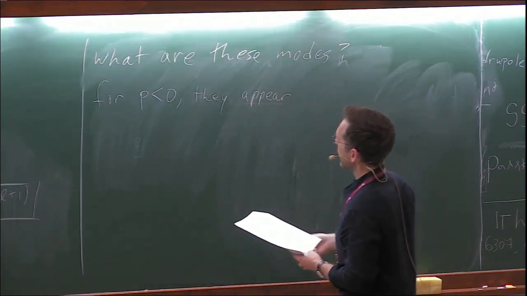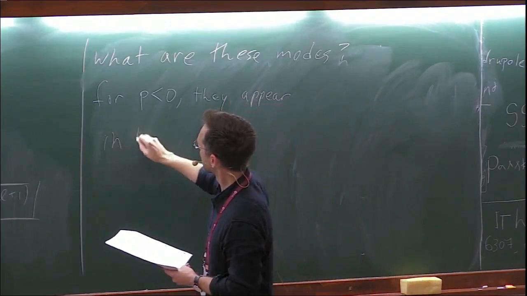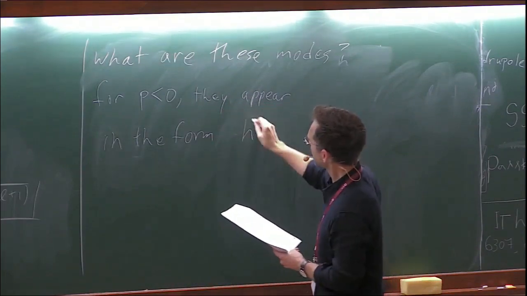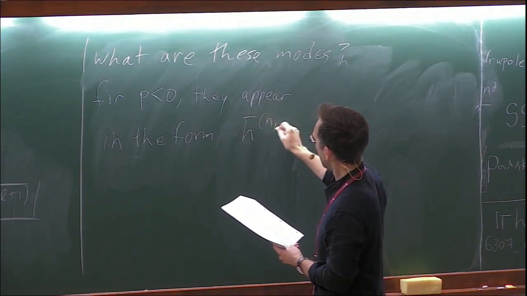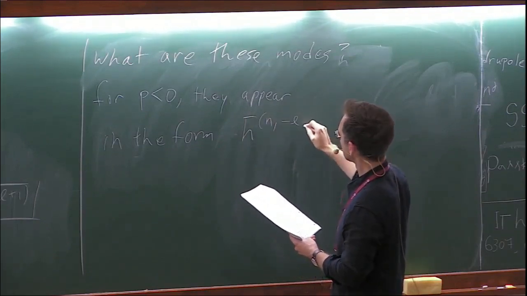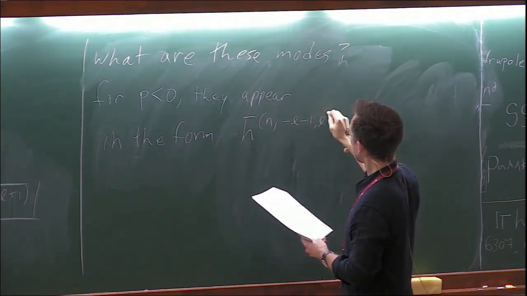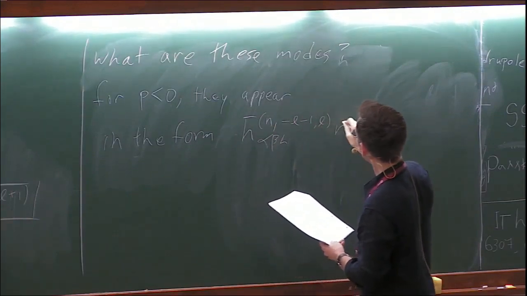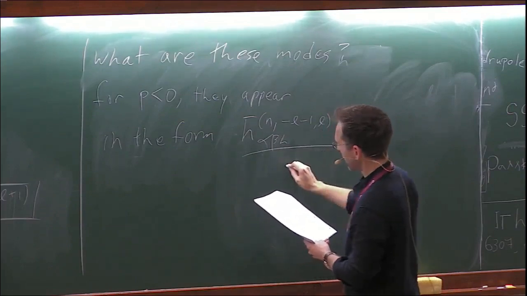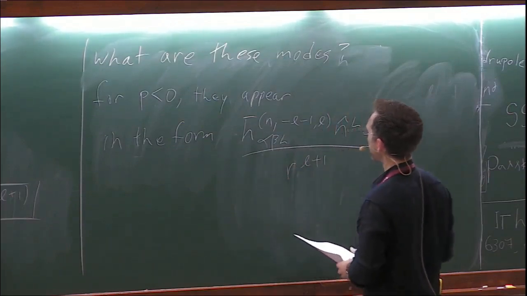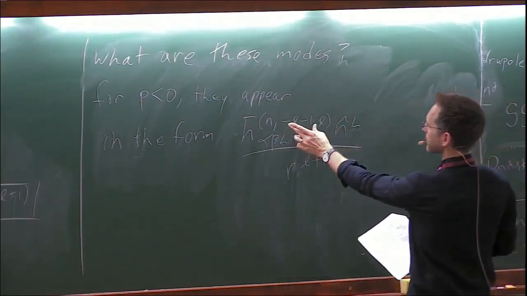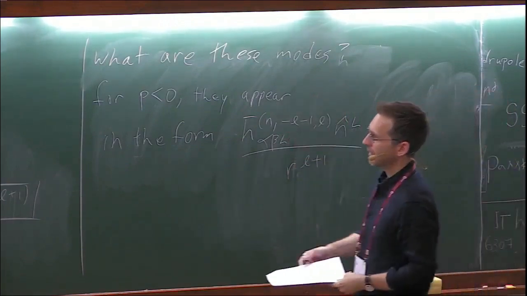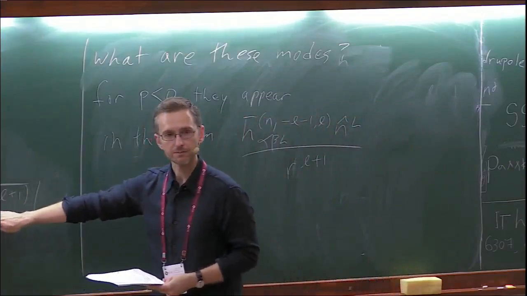These modes appear in the metric in the form h bar n minus L minus 1 L alpha beta L n hat L over R to the L plus 1. So you can check that if P is minus L minus 1, then this is satisfied.